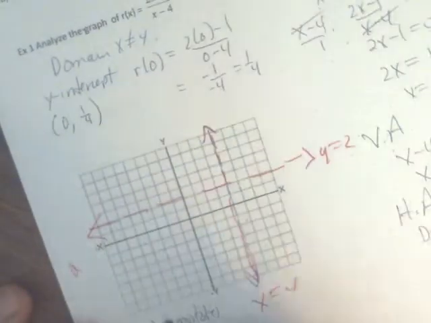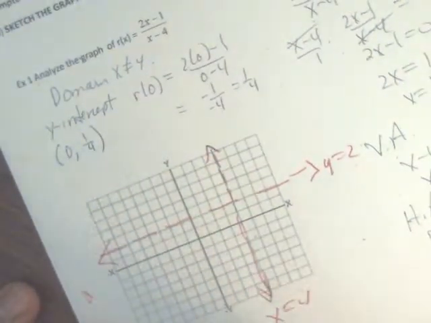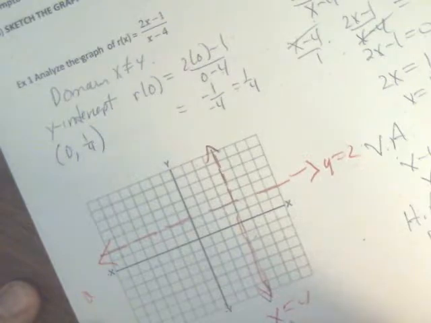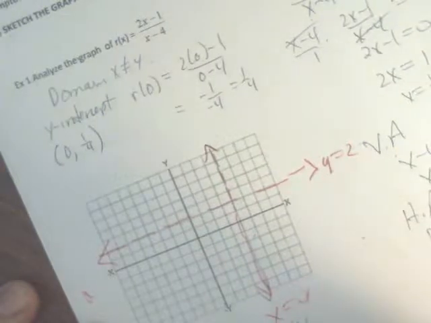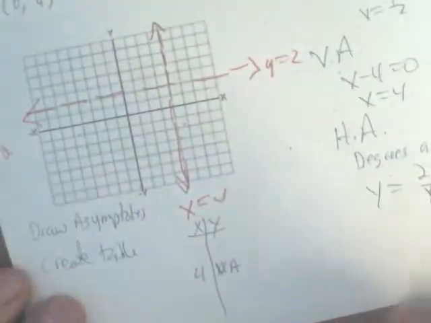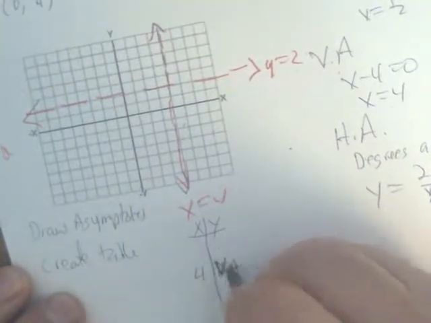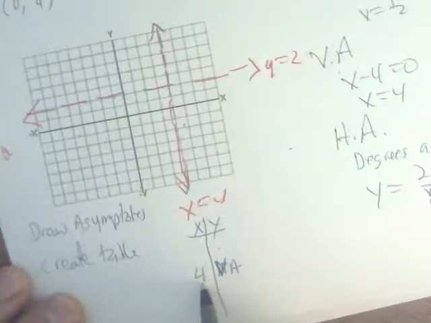Now, my XY table. What I usually do is I separate my table into 2 halves with my vertical asymptote. So that's VA there, at x is 4.